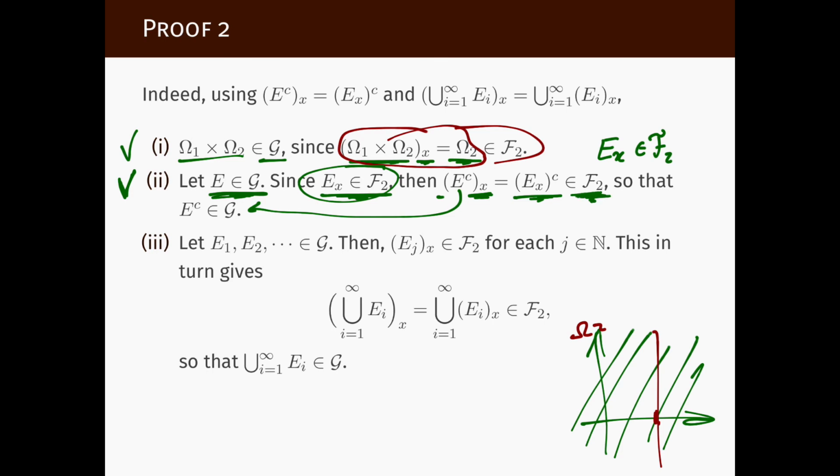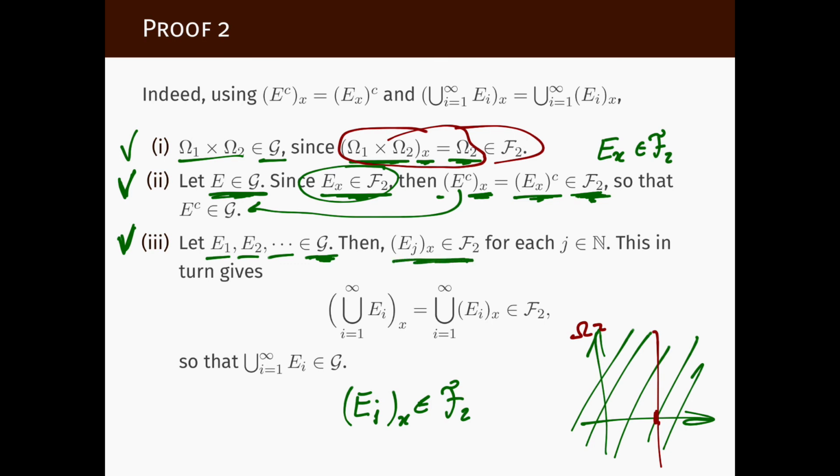And now finally, we want to check the third property. We take a sequence of sets which are all in G. What does it mean to be in G? It means that if we take the section by x, we get something which is in the second sigma algebra, and each one of them is in it by definition.